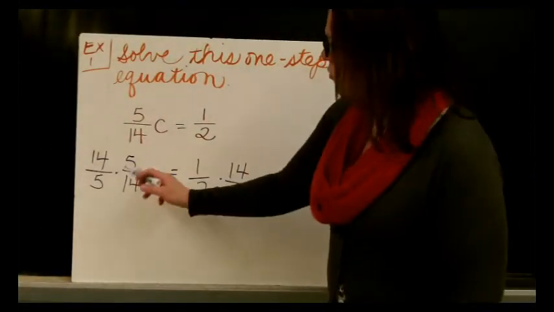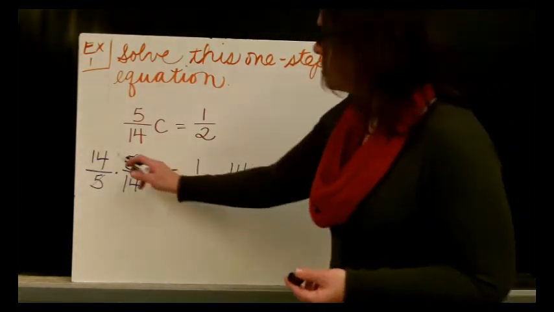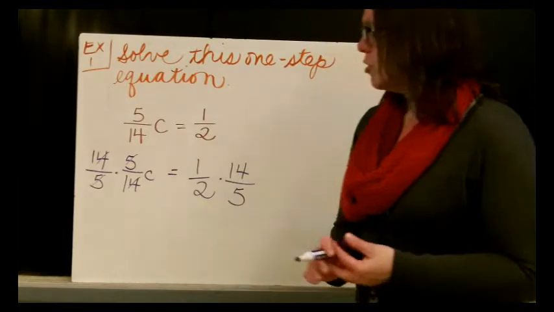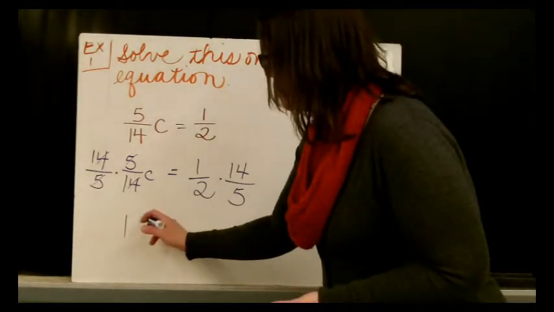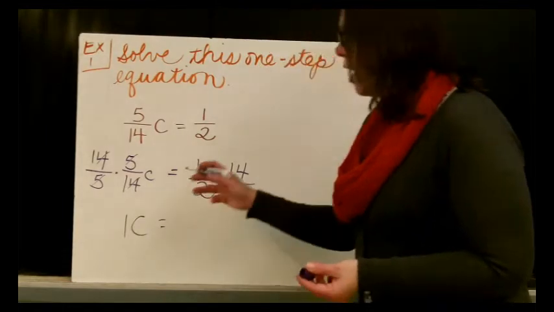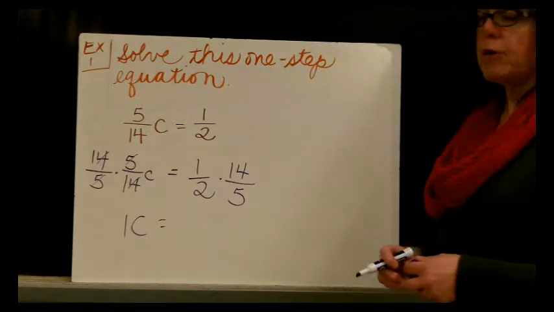And so when I do that over here, the two 5s cancel each other out to make 1s, and the 14s cancel each other out to make a 1. So what we essentially have now is a coefficient of 1c. And you remember, a positive 1 is the only acceptable coefficient of a variable.